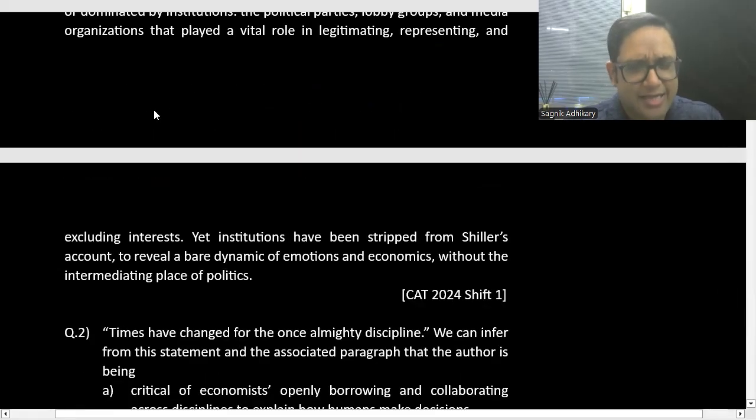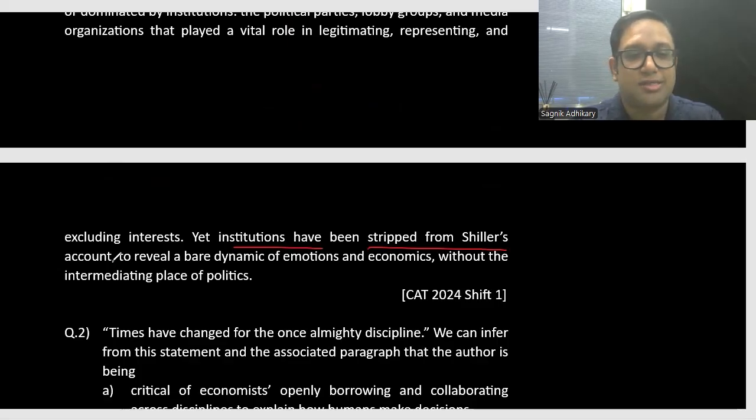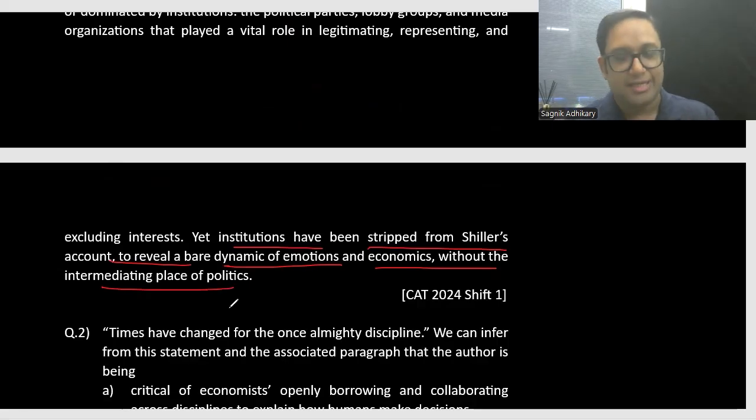Yet we see this is where the author disagrees with Schiller. Yet institutions have been stripped from Schiller's account to reveal a bare dynamic of emotions and economics without the intermediating place of politics. So basically it takes emotions, economics, social aspects, but it doesn't quite pay attention to political aspects.